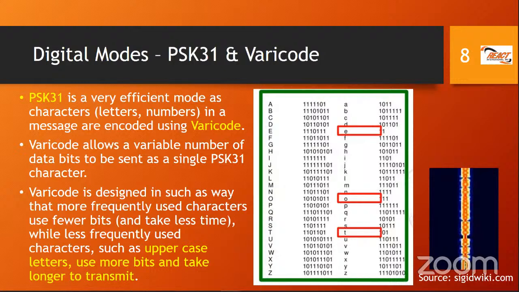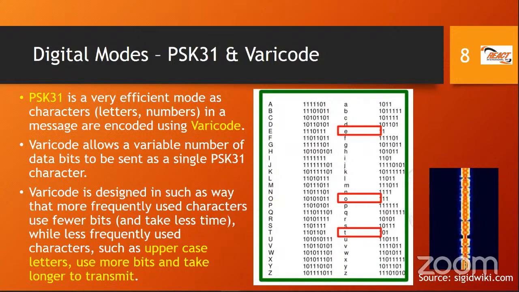They use more bits and they will also take longer to transmit. So the idea is in PSK 31, you would want to use lowercase letters because it will use less time and be shorter to transmit. If you use capital letters, nothing wrong with that when you're doing PSK 31, but it will take longer.